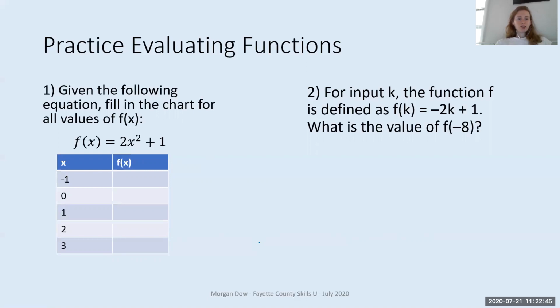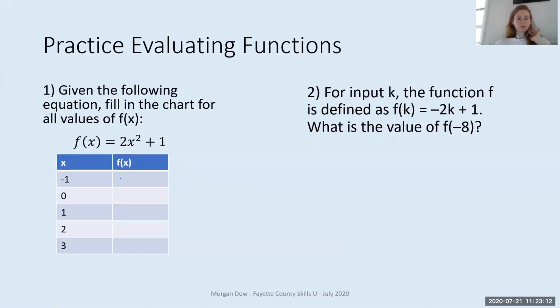All right, so number 1, it says given the following equation, fill in the chart for all values of f of x. Okay, so we've got this equation, f of x equals 2x squared plus 1. And then I've got this table. This table is giving me a list of 5 different input values, so 5 different possible values of x.